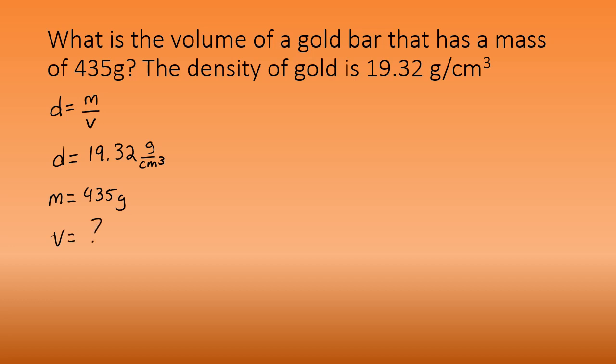So if we set up our formula like normal and replace the information that we know, our new formula looks like this: 19.32 grams per centimeter cubed equals 435 grams divided by some unknown volume.